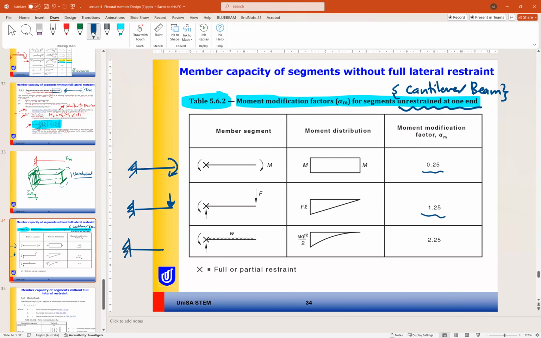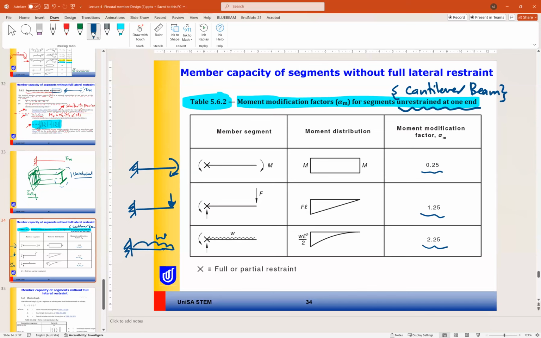If it is fixed and uniformly distributed load W, it is 2.25. So these are the values for the member capacity of the cantilever.